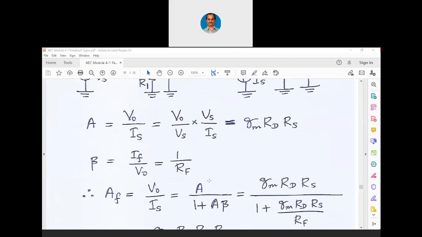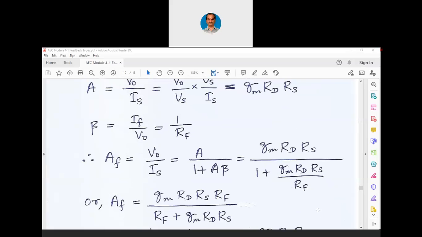So V0 by Vs is nothing but A by 1 plus A beta. Substitute for A, substitute for beta. We will get AF is equal to this particular expression, Gm into Rd into Rs into Rf divided by Rf plus Gm into Rd into Rs. Now this is the expression for the gain with feedback.